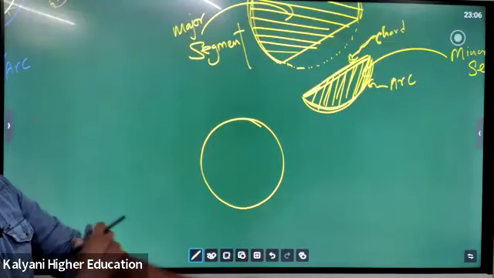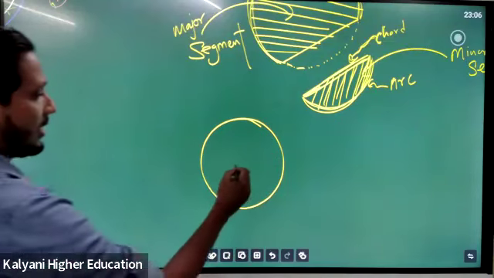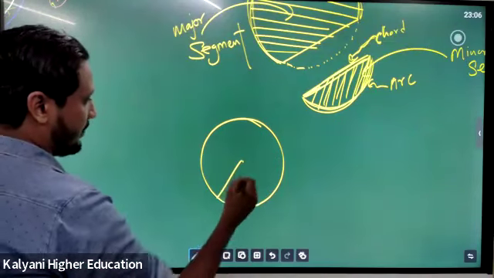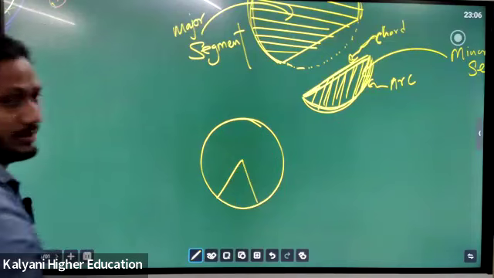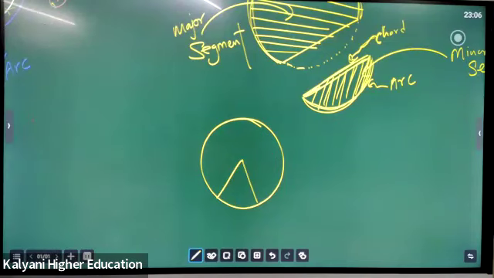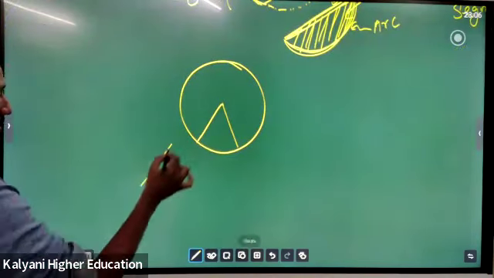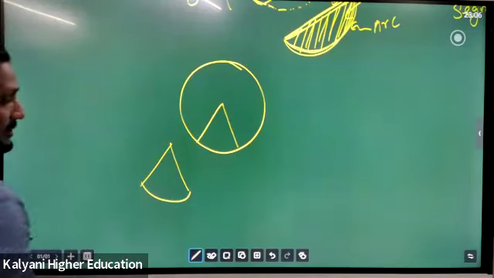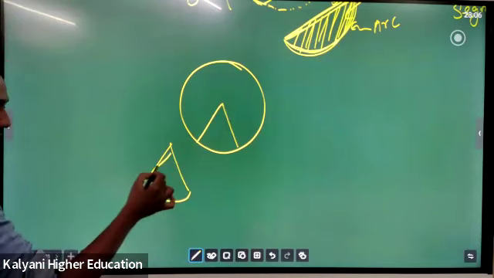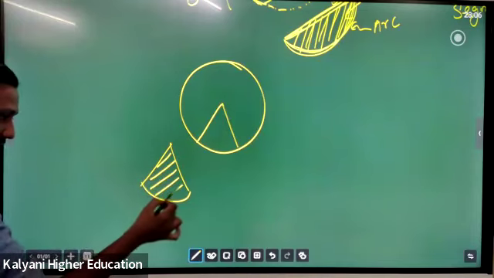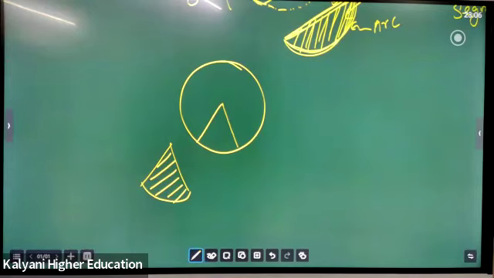When we draw a circle and cut a part of it like this, you can see the part of the circle looks like this, right?